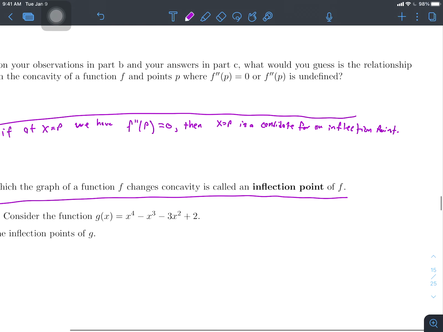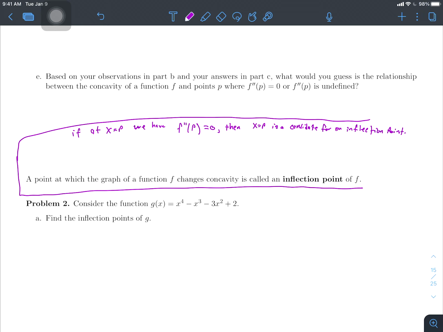Finding inflection points is much the same as finding minimums and maximums. We start by checking the places where we see that the concavity is 0. And we know that might be a place where the concavity switches from being positive to being negative. So if f double prime is equal to 0, then x equals p is going to be a candidate for an inflection point. How do we check?